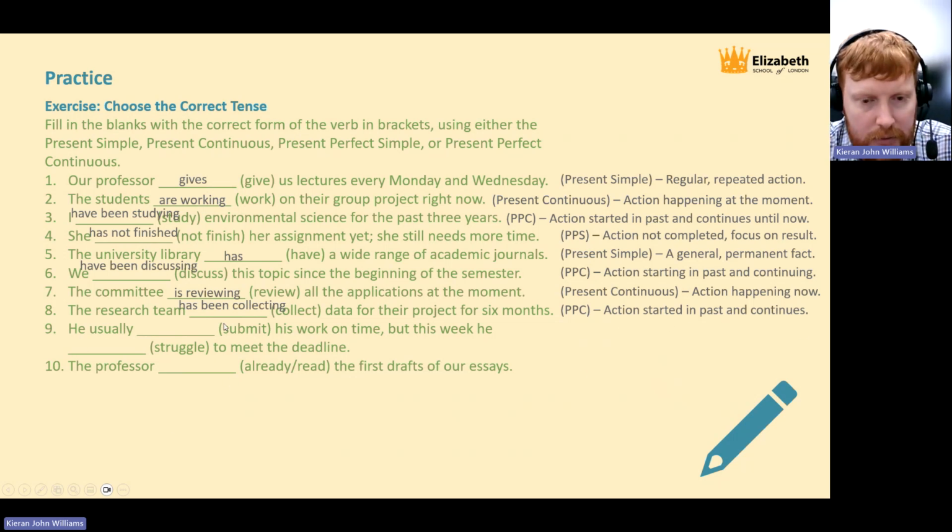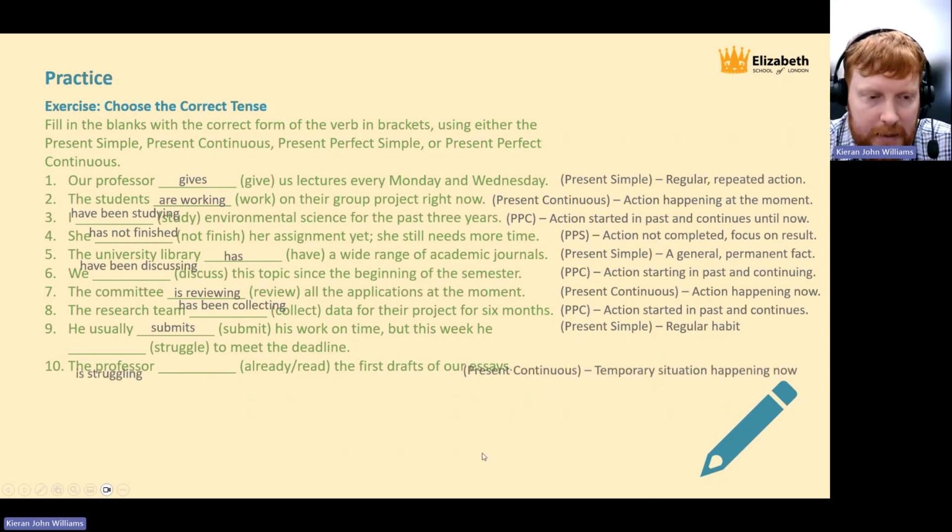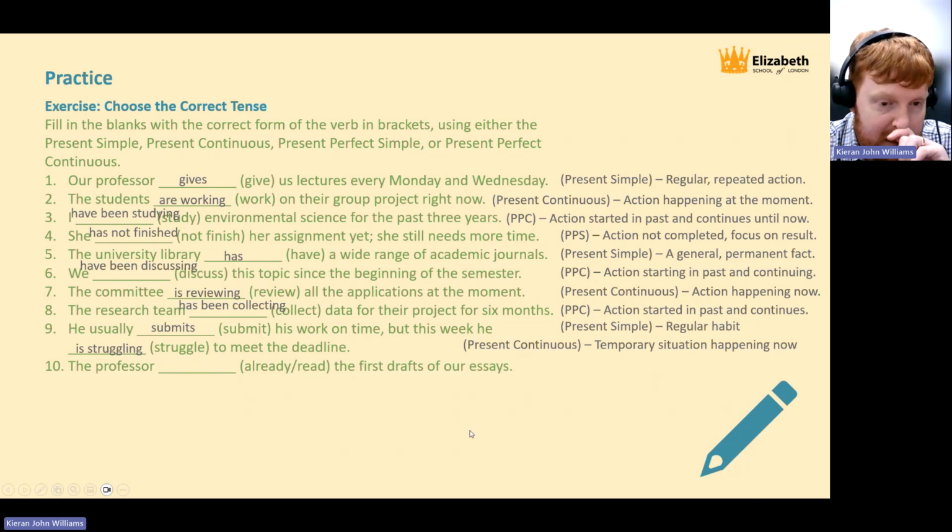Now, number 9, you needed 2 answers here. He usually submits his work on time. We have the word usually, so that tells us that something is a habit. It should be present simple. Okay, in the next box, we should have is struggling, because it tells us this week, this is something that is a temporary situation that is happening around now.